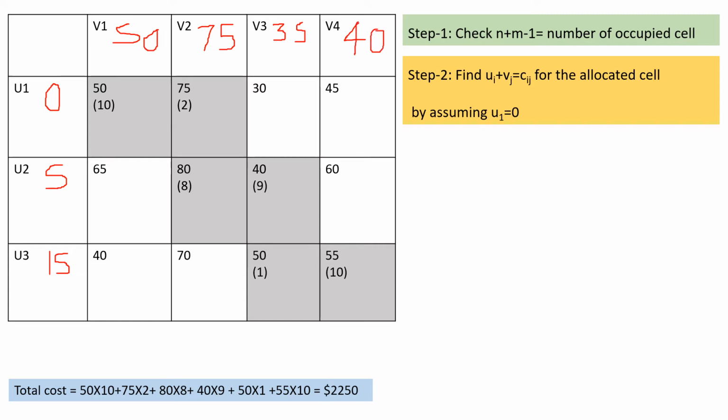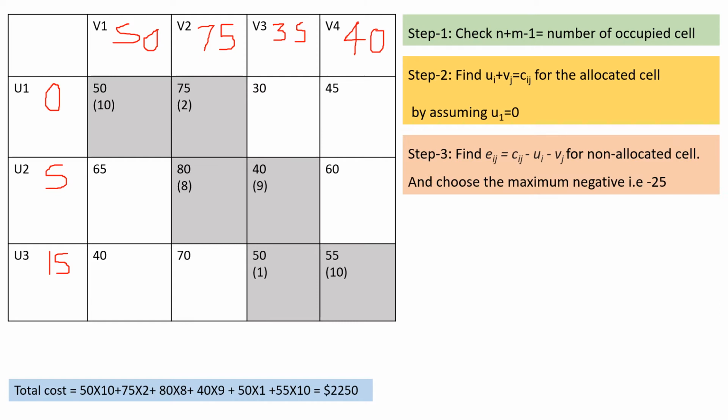This is step 2, and we have found the Ui and Vj by the equation Ui plus Vj equals Cij, assuming U1 equals 0. The next step, step 3, is to find Eij for the non-allocated cells and choose the maximum negative from Eij.